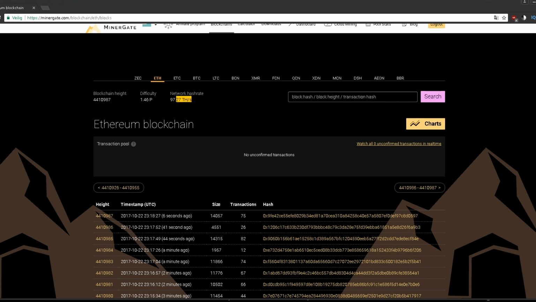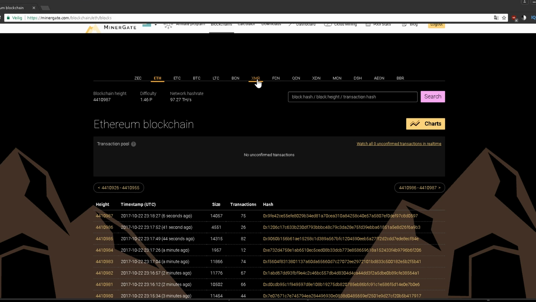Also, you see the network total hash rate, basically the computational power that is needed, or that is at the moment active. And you can also see difficulty and the blockchain height at the moment.